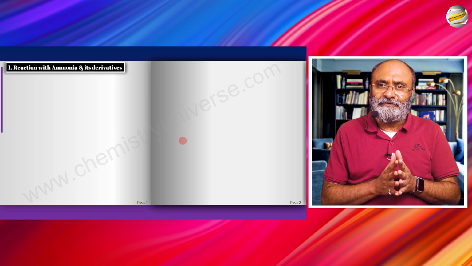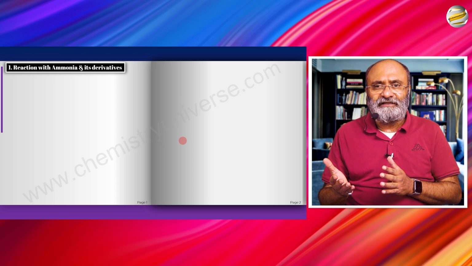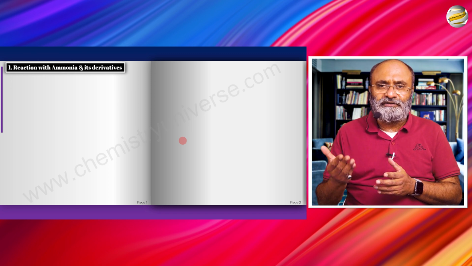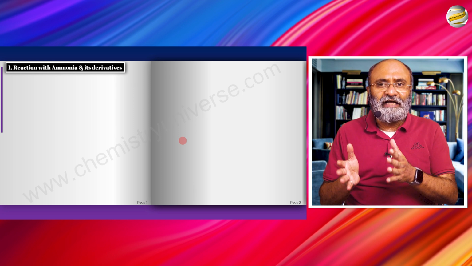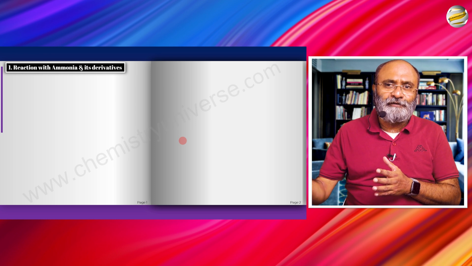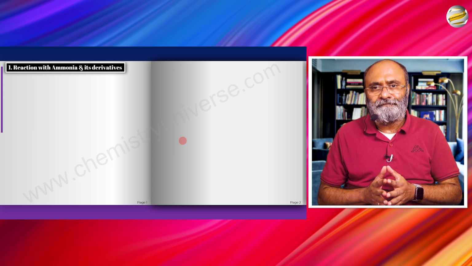Now, once that happens, the reaction starts. The nitrogen attacks the CH3 and the X leaves. Now, the nitrogen has already 3 hydrogens and 1 R, which means it will have a positive charge. And there is an X minus present that will take the proton away and you will get CH3NH2, primary amine or methylamine.